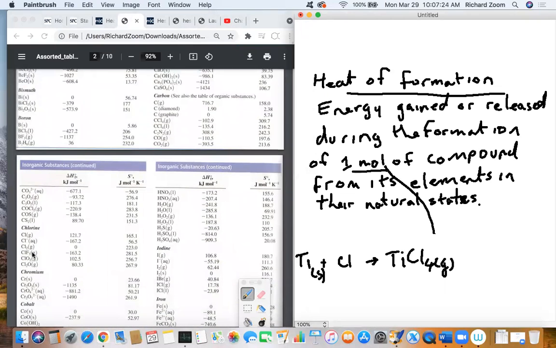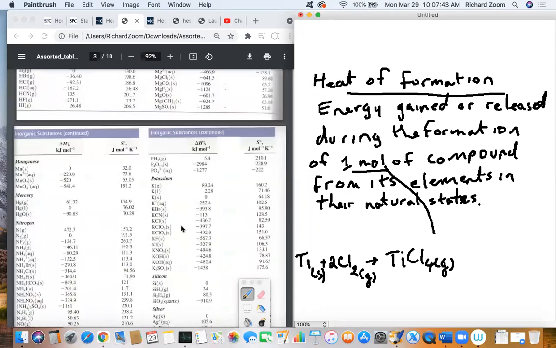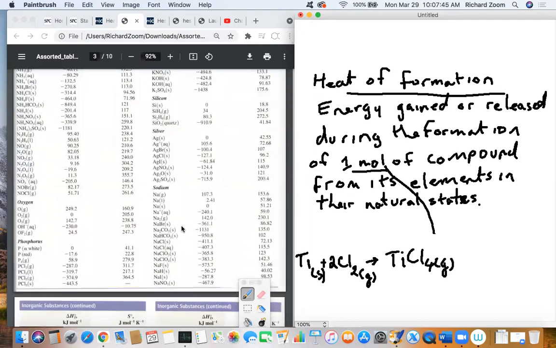I see the natural state of chlorine is Cl2 gas because that's the one with the 0. And to balance that, I need to put a 2 in front of Cl2 to give me the 4 here. And then I can just copy the heat of formation down off the table for TiCl4 gas.